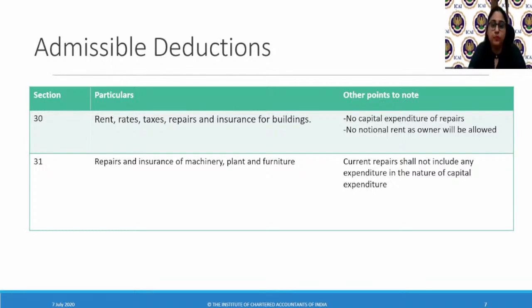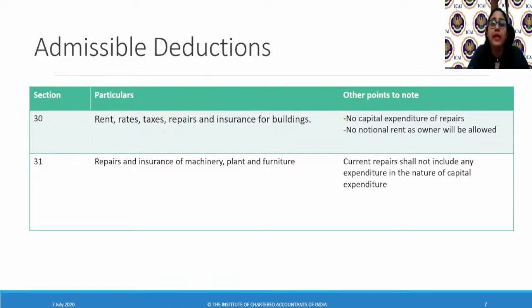So when I talk about repairs of the building, current repairs are allowed, revenue repairs allowed, capital expenditure repairs not allowed. Altogether, if I'm constructing a floor, not allowed because that would become my asset, right? That is not an expense, correct? Insurance of buildings is allowed.